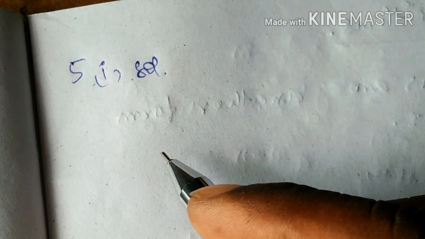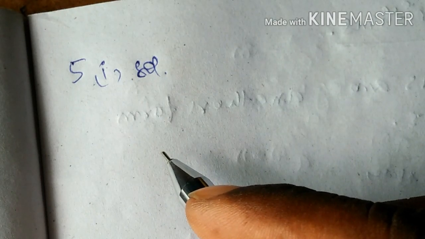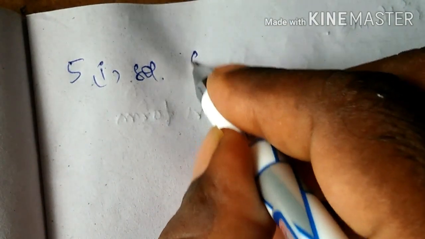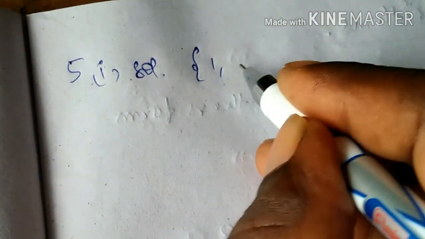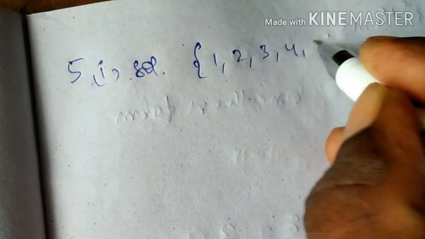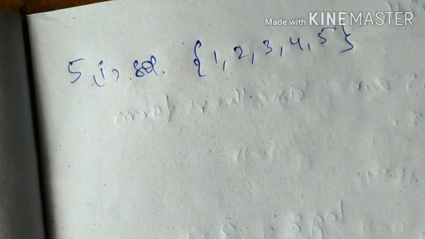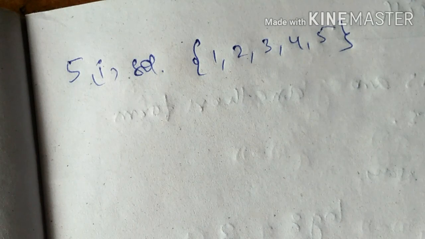How many natural numbers are smaller than 6? 5 numbers are there, 1 to 5. You have to write them in the set: 1, 2, 3, 4, 5. These are the elements present in the given set. This is the answer for fifth bit, first one.